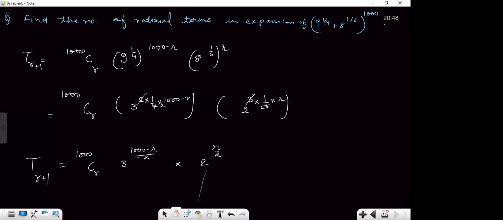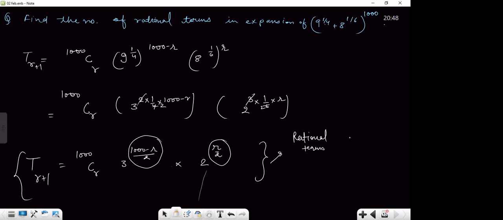If these powers are natural numbers, these particular terms will be called rational terms, if the indices are natural. Otherwise, they will be irrational terms.